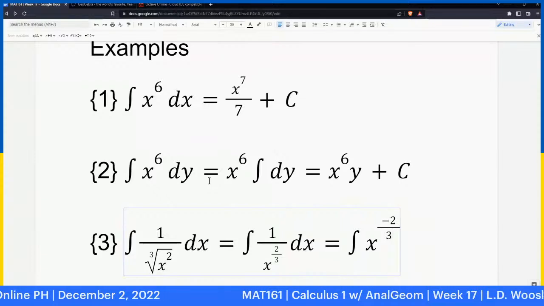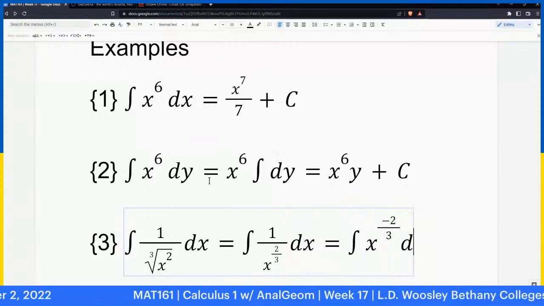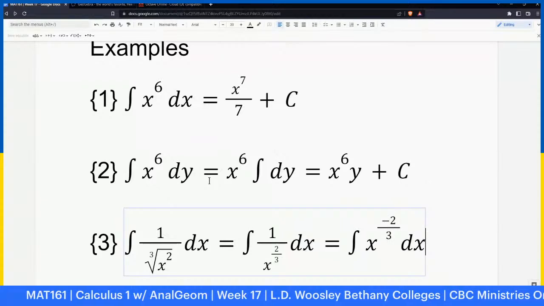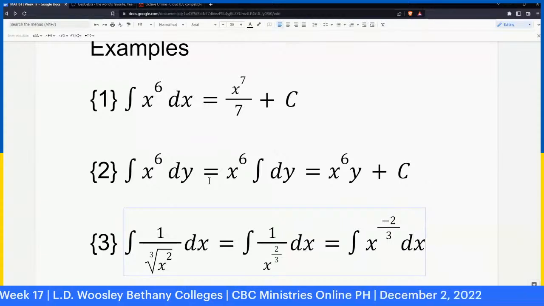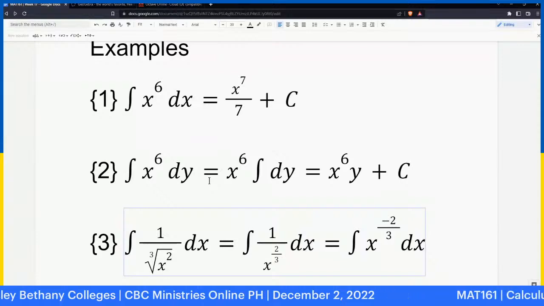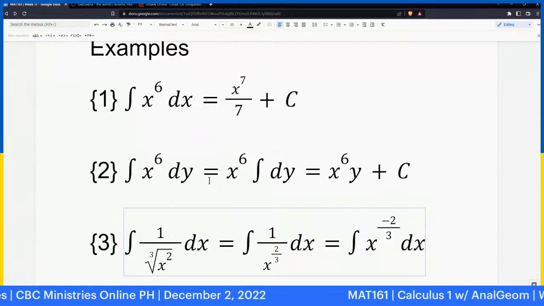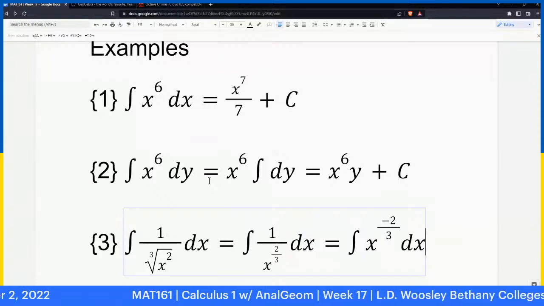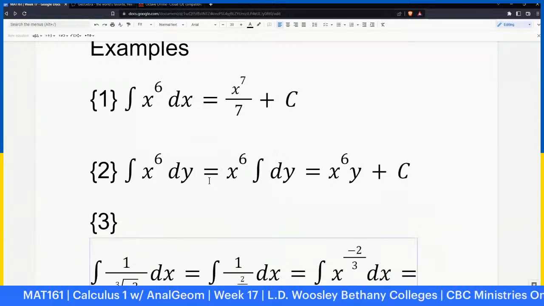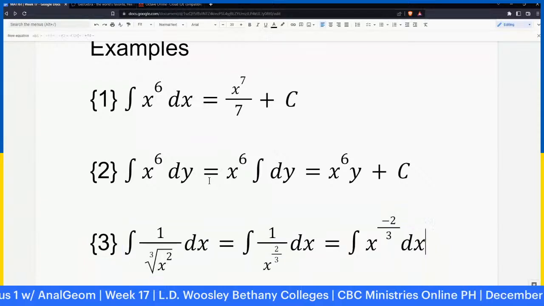So, negative 2/3. Diyan, pwede mo nang i-apply yung exponent o yung power formula natin. Okay? So, pwede na, di ba? Kasi nawala na siya sa radical, tinanggal mo siya sa denominator, nasa numerator na siya, pwede na. Yung x raised to n plus 1 all over n plus 1. Alright? So, sige, kindly apply it here.